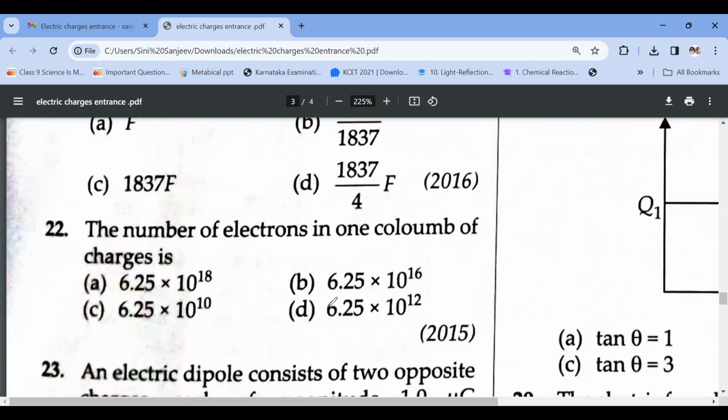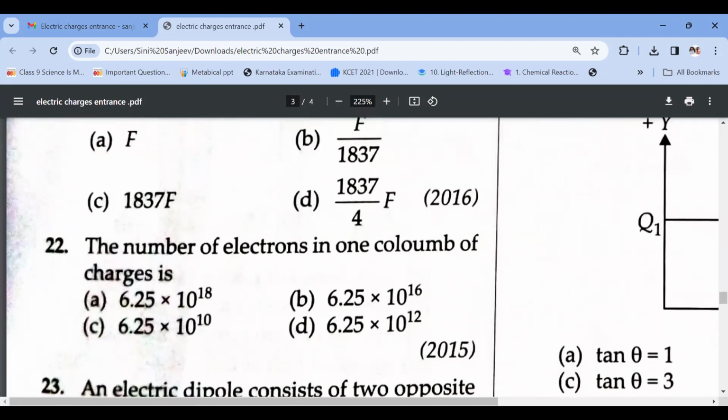See, in this, what is the electron charge? 1.6 into 10 power minus 19. Correct. What is my charge? Draw a triangle here: Q here, N here, E. Q is equal to N E.